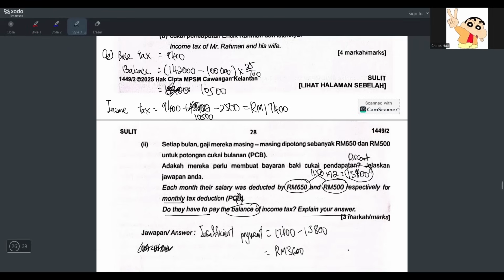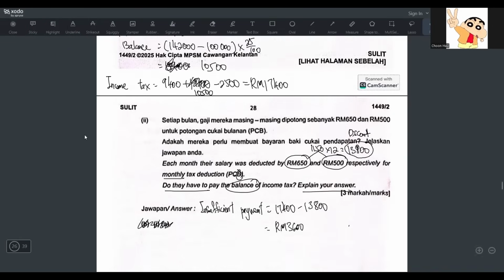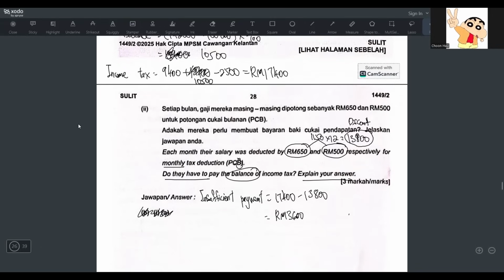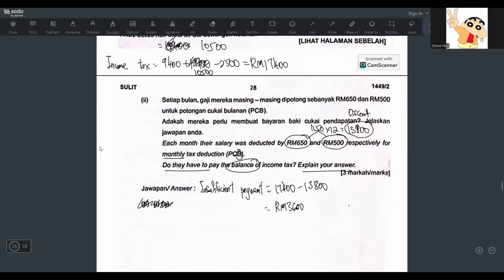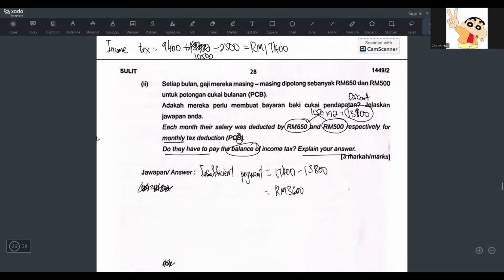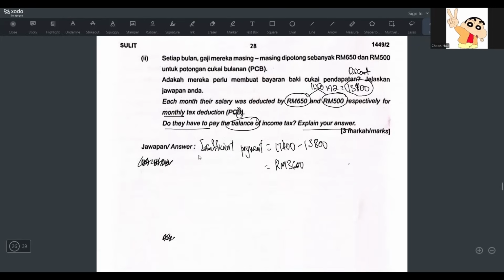That means it's an excess payment, not insufficient. The excess will be the PCB minus the income tax, because the PCB is higher, right? That is when the PCB is higher or the tax is lower. Because the discount is higher than the price you have to pay, it means you lebih bayar, and then LHDN will refund you the extra amount, the excess.